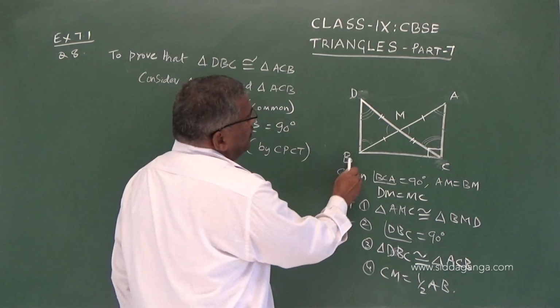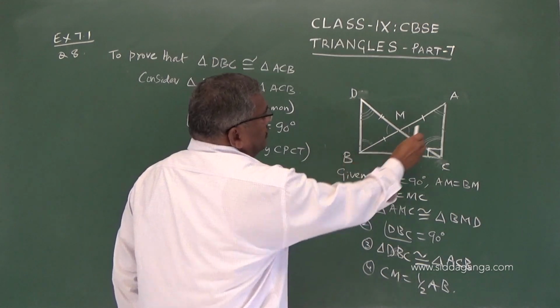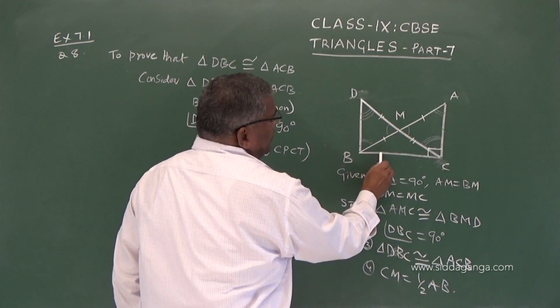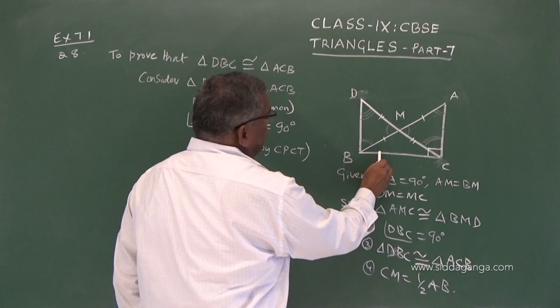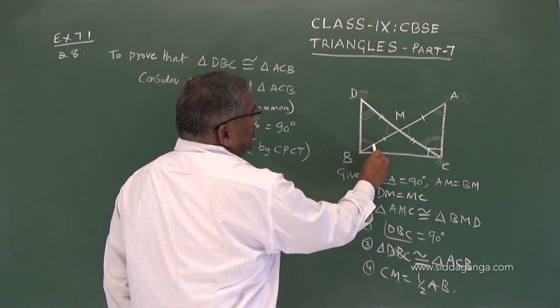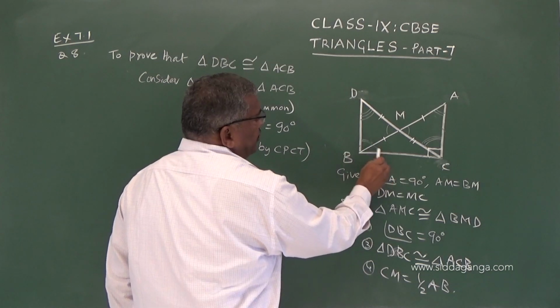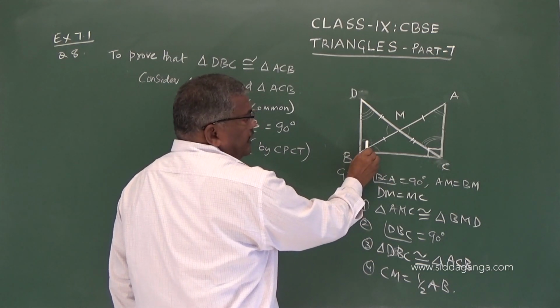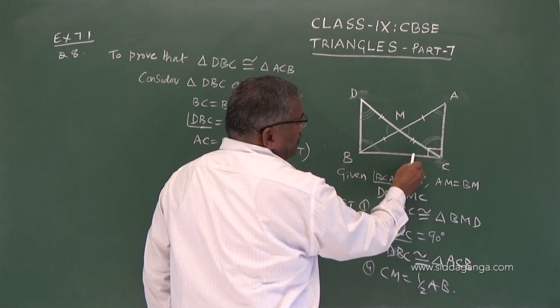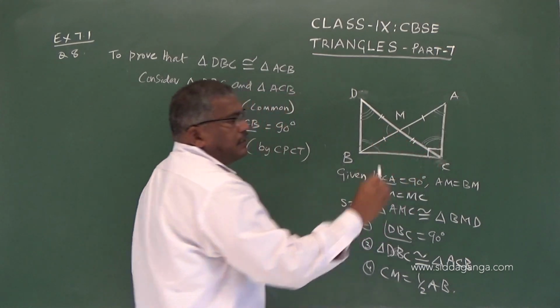Now we observe here AC is equal to BD, BC is common, and this is 90 degrees. This side and this side include an angle of 90 degrees.